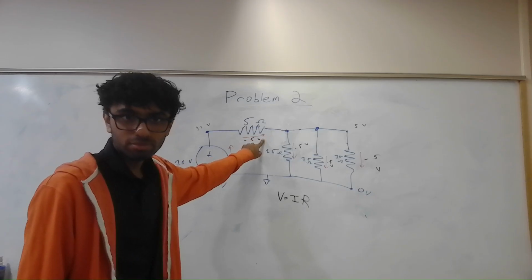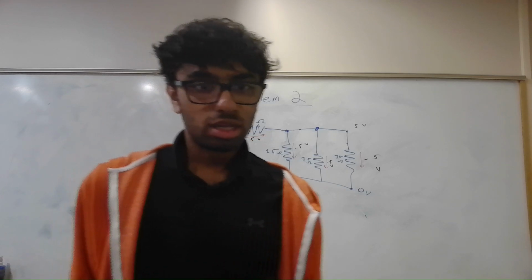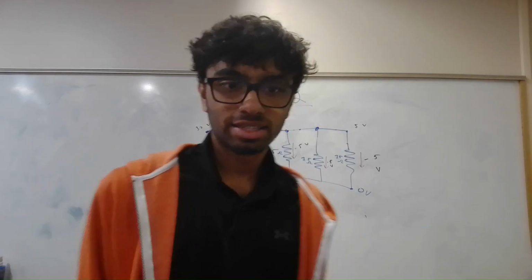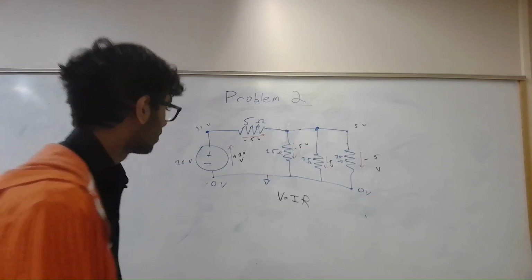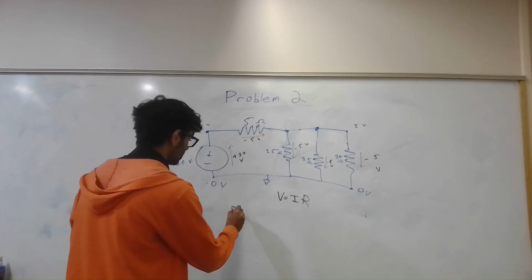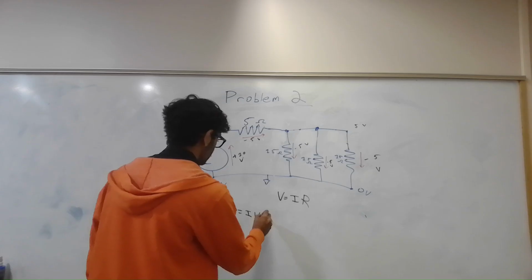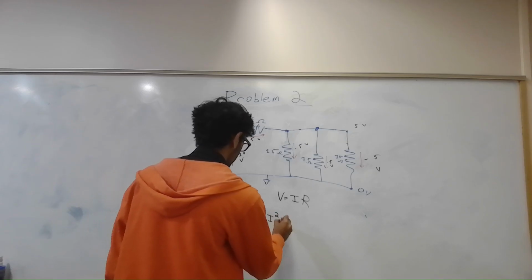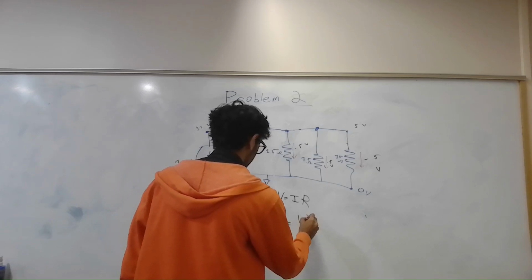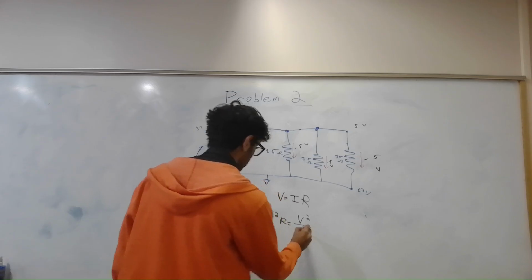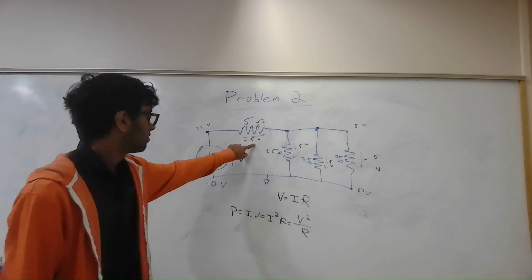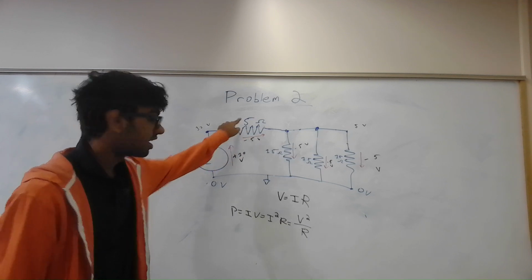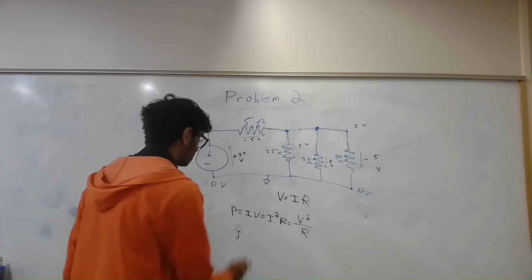So add up all the power drops and gains. To do that, remember that if I want to write the power, P equals IV, which equals I squared R, which equals V squared over R. Here, V squared is 25, R is 5, so that's 5 watts.